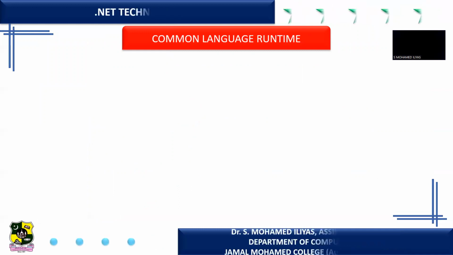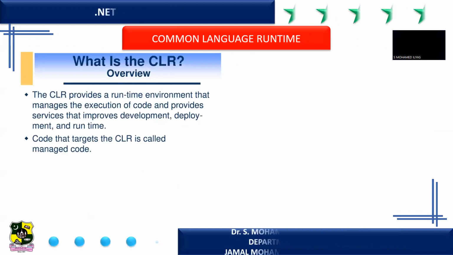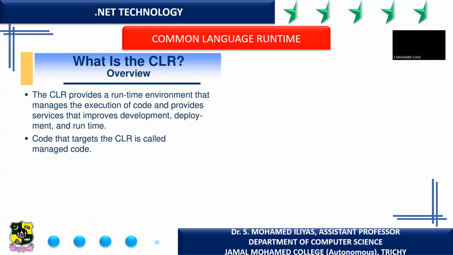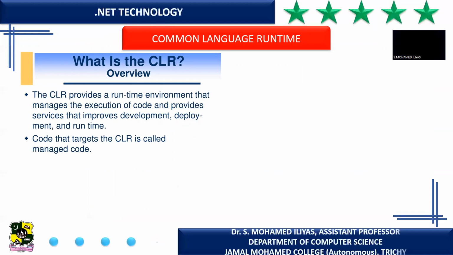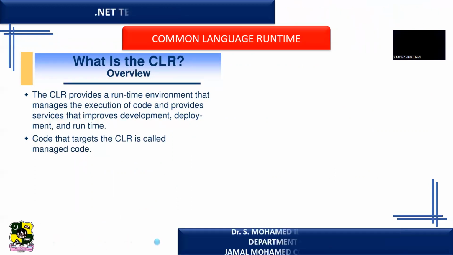So number one, Common Language Runtime, CLR. What is CLR? CLR provides a runtime environment that manages the execution of code and provides services that improve development, deployment, and runtime. So it is the basis of the .NET framework.